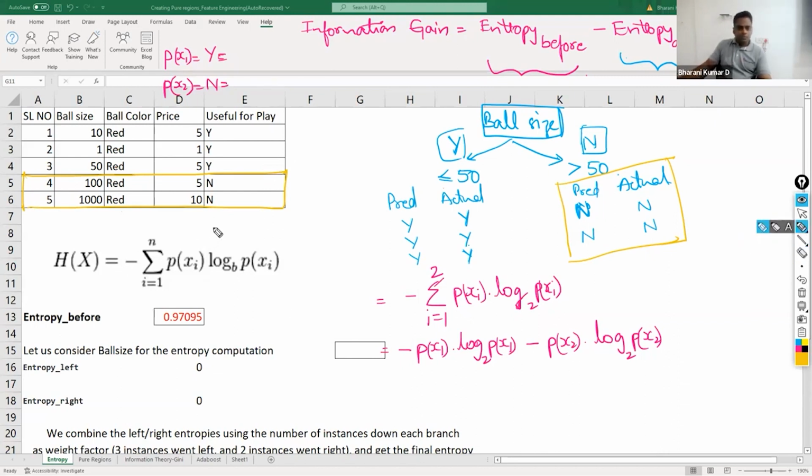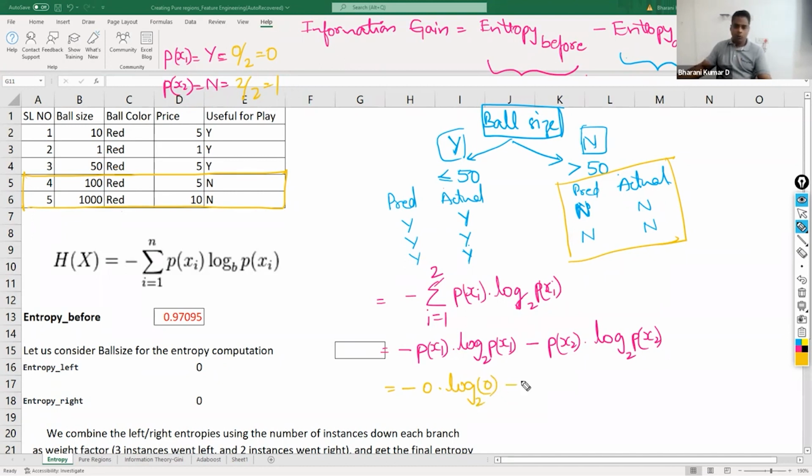Okay. Now, only 2 we have. How many yes do we have here? 0. So 0 out of 2, which will be nothing but 0. And how many no do we have? 2 out of 2 will be 1. So substitute P of x1 is 0. So minus 0 into log of P of x1, which is 0, log of 0 base 2.